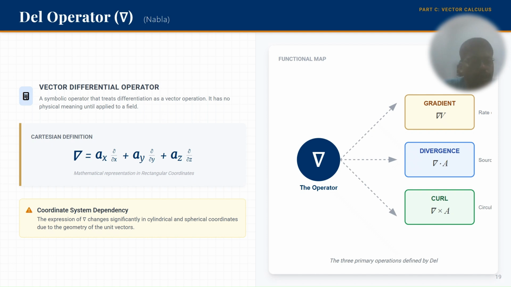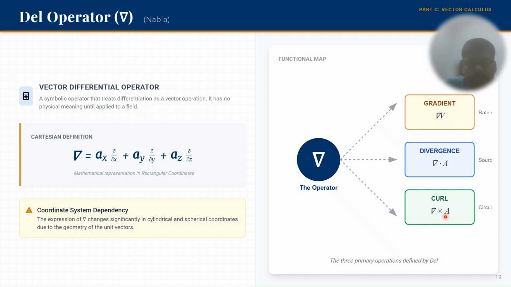This is the del operator, which is known as nabla, and it applies to scalar and vector quantities to find the gradient, divergence, and curl. For scalar quantities we use del V, known as the gradient. For divergence, del dot A, the dot product, and for curl, del cross A, the cross product.